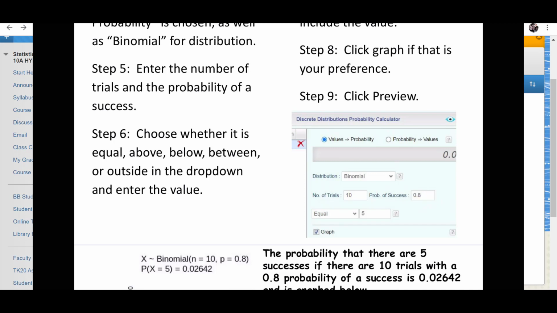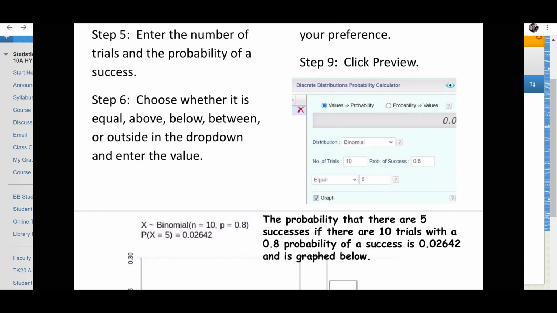Then you have this little drop-down here where you can choose less than, greater than, equal to. Whatever probability you're looking for, you figure out what wording, whether it's the equal sign or some kind of inequality, and you click on this drop-down and choose the correct word, then enter your value.